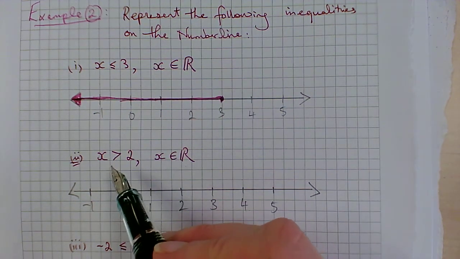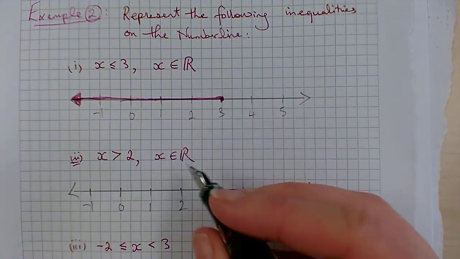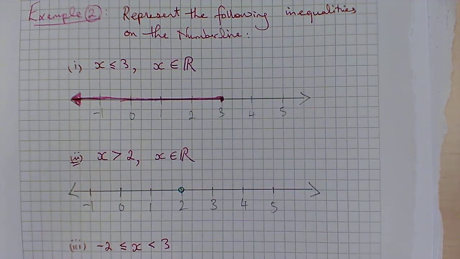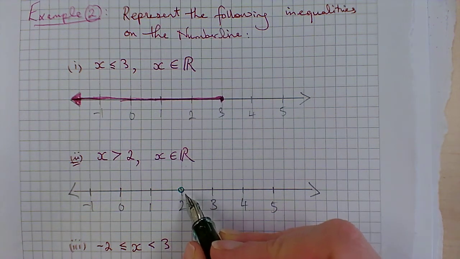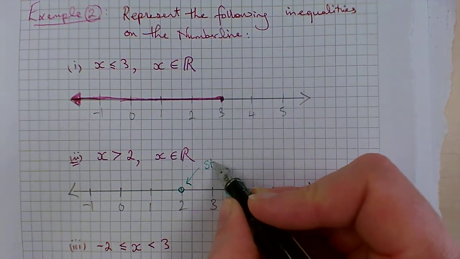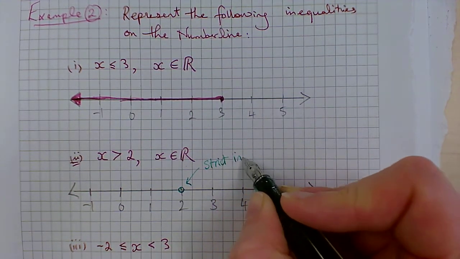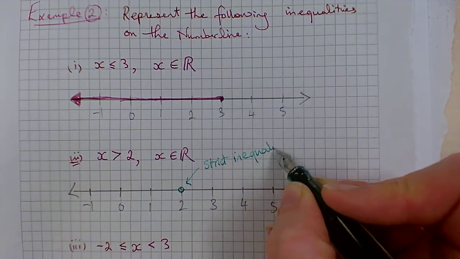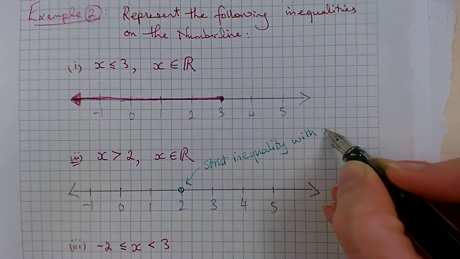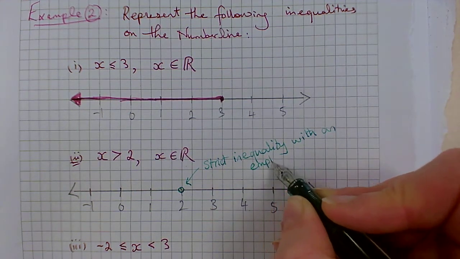X can never actually be equal to 2, but it could be equal to 2.1, or it could be equal to 2.001, or any decimal number that's bigger than 2, but infinitely close to it. So I represent this, my strict inequality, with an empty circle on the number.